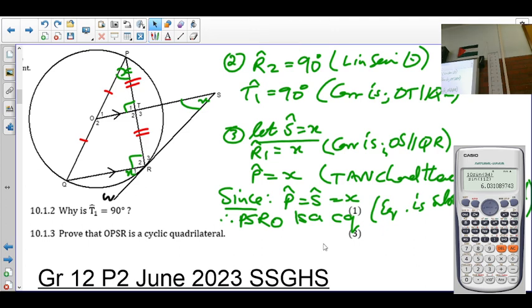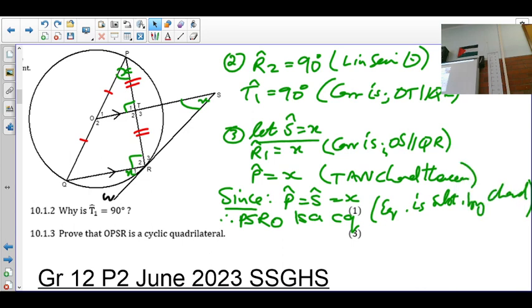Okay, I think that's also behind the calculator there. So we'll take it away. Okay. So now all cyclic quadrilateral properties are evident in that quad there. Okay.